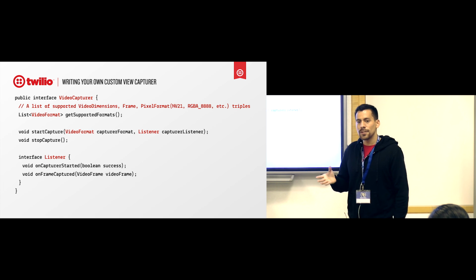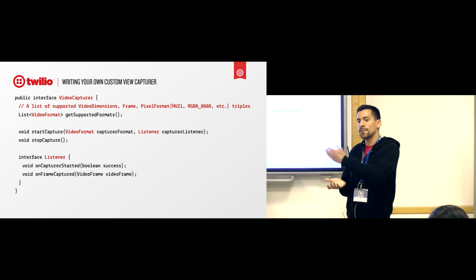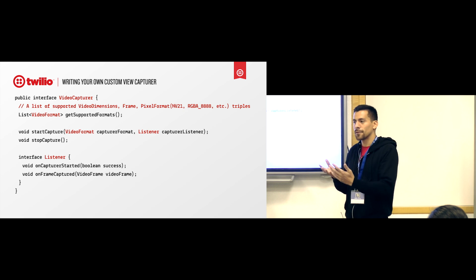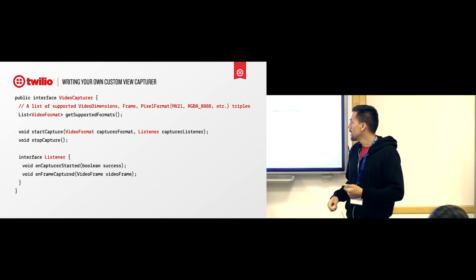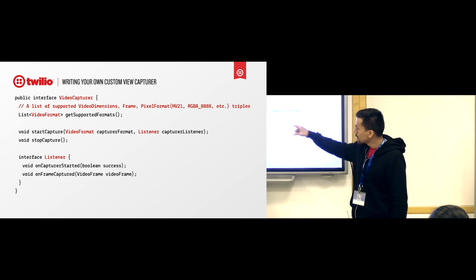Then you'll implement start capture. This will be called by us, and this will allow you to start whatever run loop or event loop or thread loop will provide us with frames. And then stop capture.